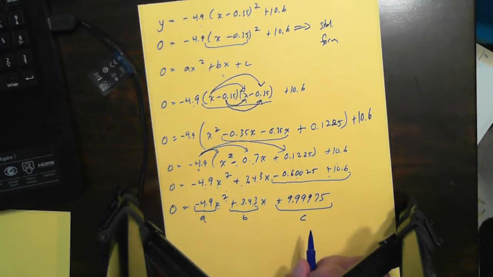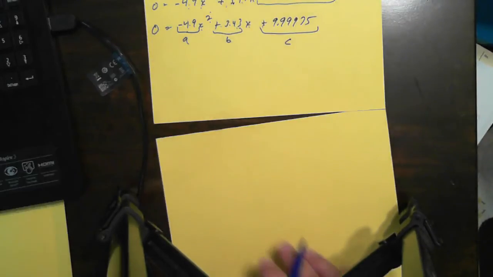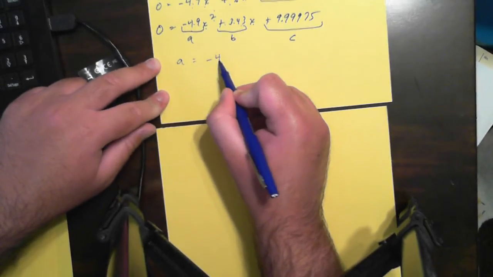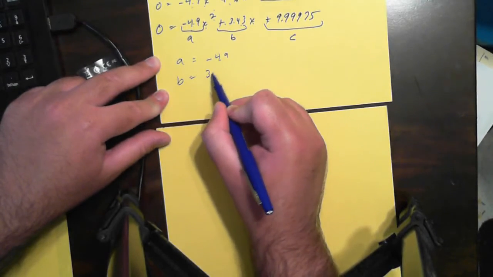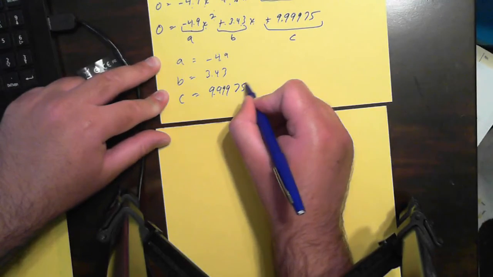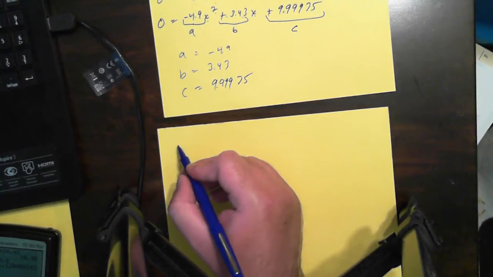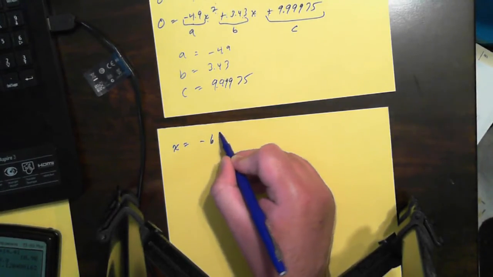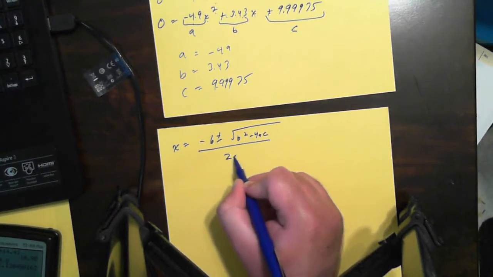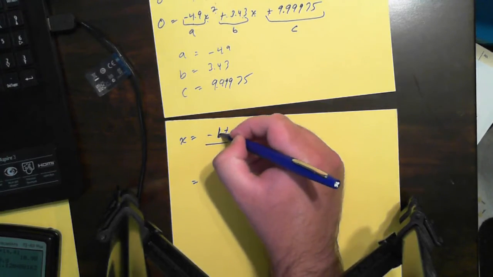Okay? So at this point I can use my quadratic formula to solve for the x value. I've got a equals negative 4.9, b equals 3.43, and c equals 9.99975. Okay? So our quadratic formula looks like this, of course. Alright, so negative b, that's a b, not a 6.